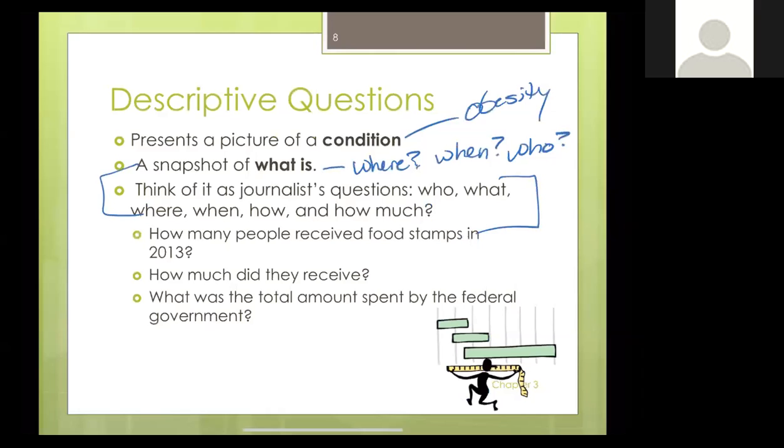So, how many people received food stamps in the year 2013? How much did they receive on average? What was the total expenditure by the government? SNAP, the Supplemental Nutrition Assistance Program, provides these services. We're not making a judgment about it. We just want to know the general facts before we make an argument.